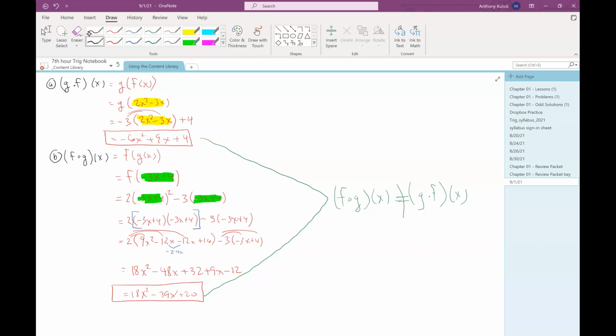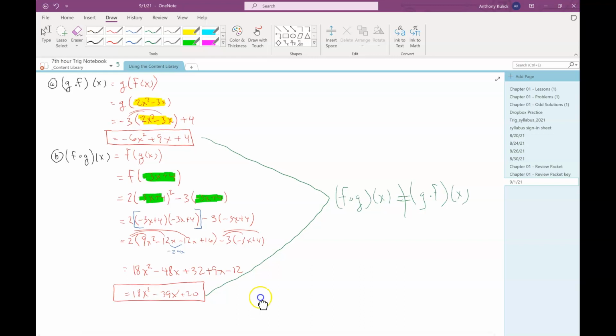Everybody's okay with that? Now, there are special cases where they do give you the same thing. One of those special cases we're going to define right now.